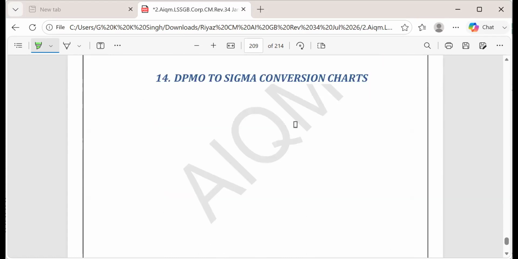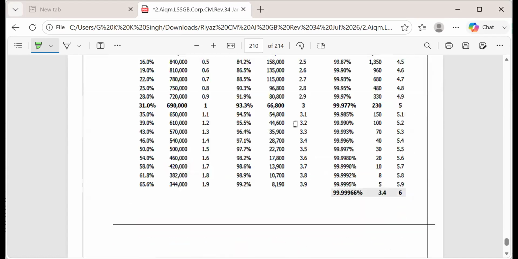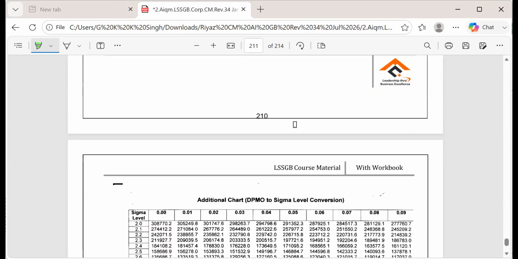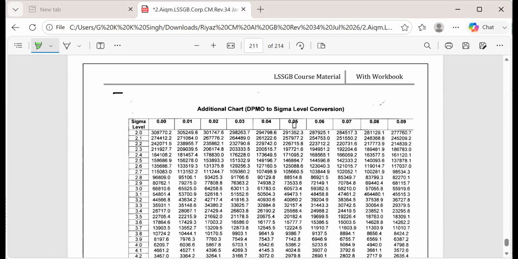Here on page 211, you will see one table. This table is called as a DPMO table. This is used to convert DPMO to sigma level.